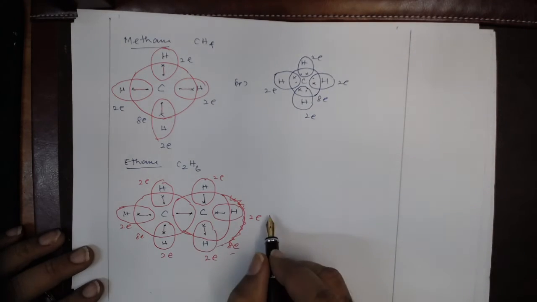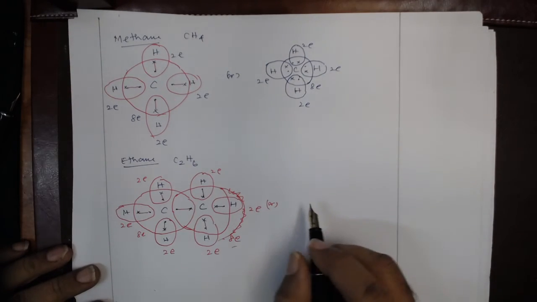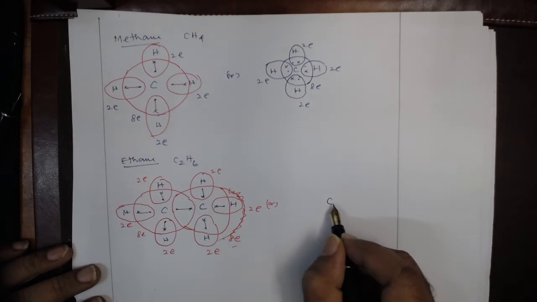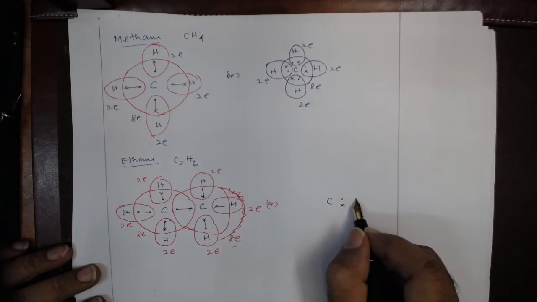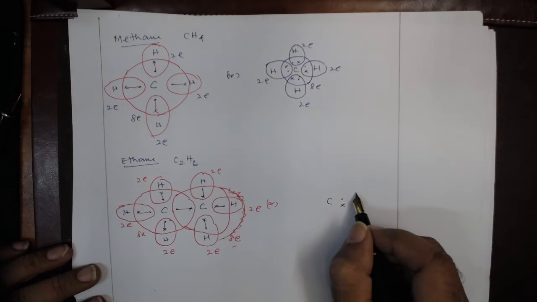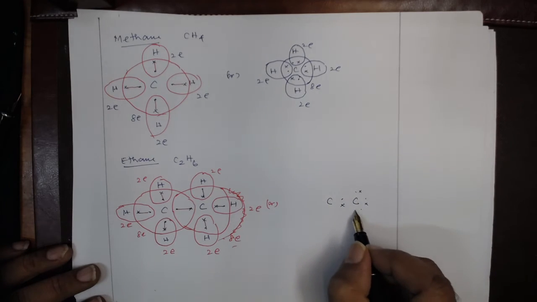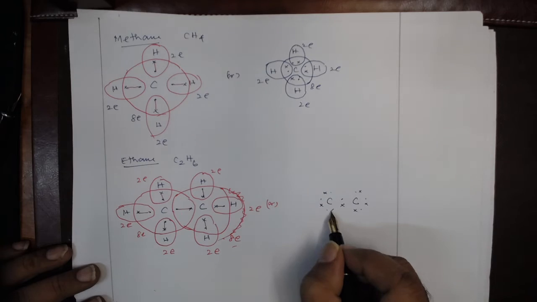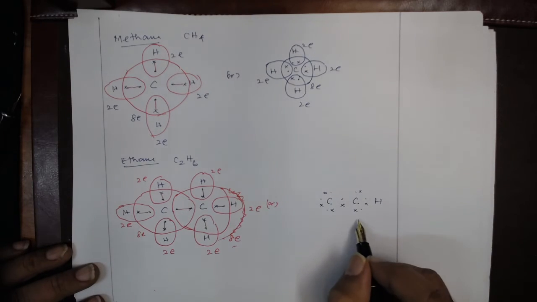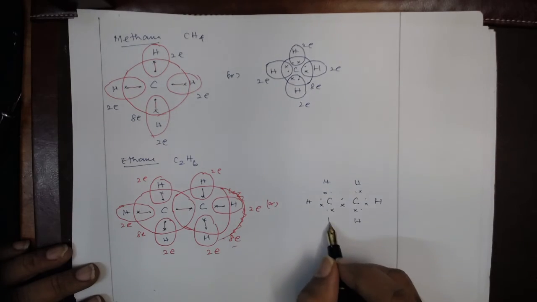And this can also be drawn in this way. Carbon, bond, carbon, and here bond, so hydrogen, hydrogen, hydrogen, hydrogen, hydrogen.